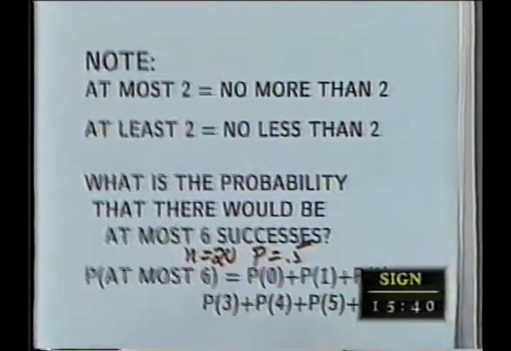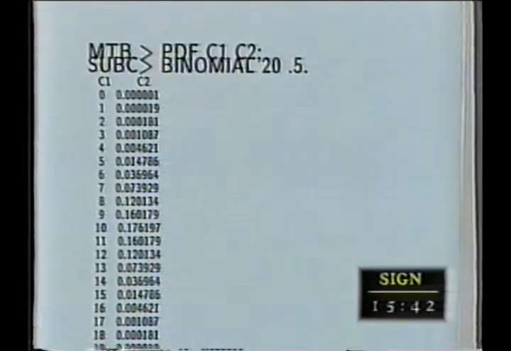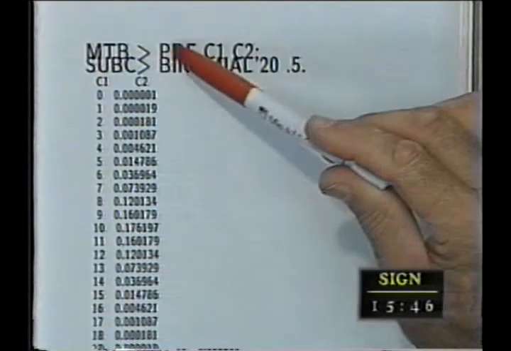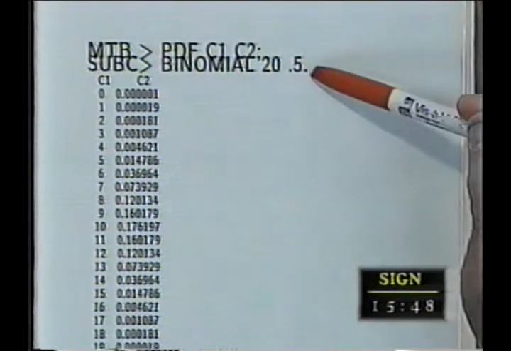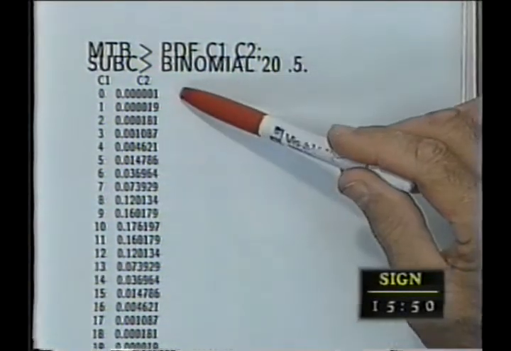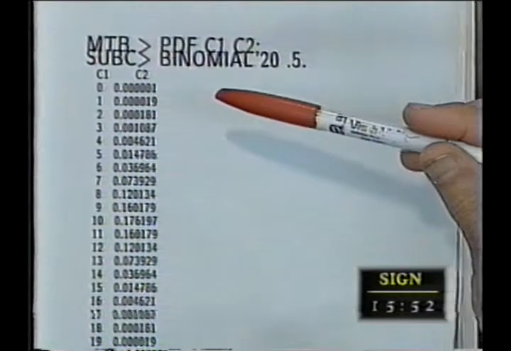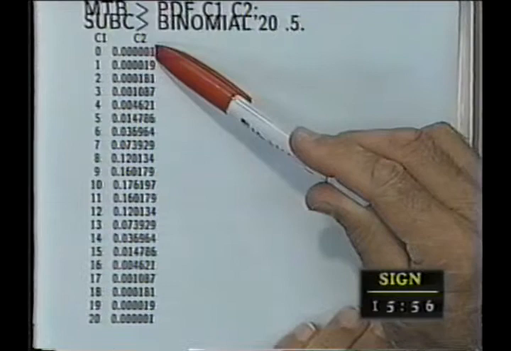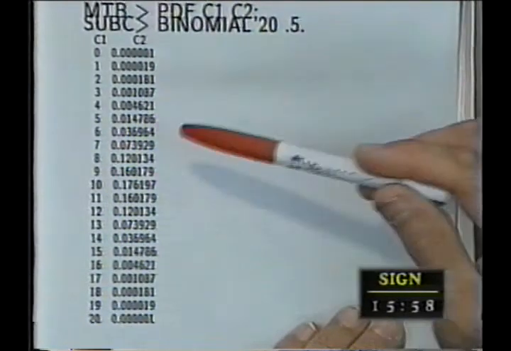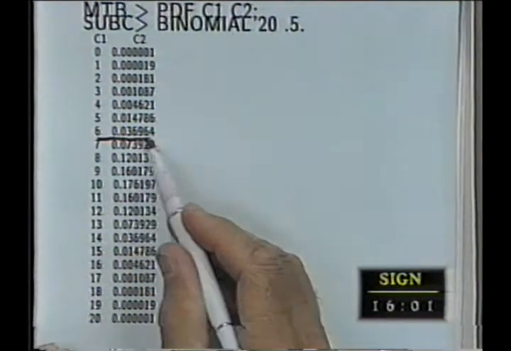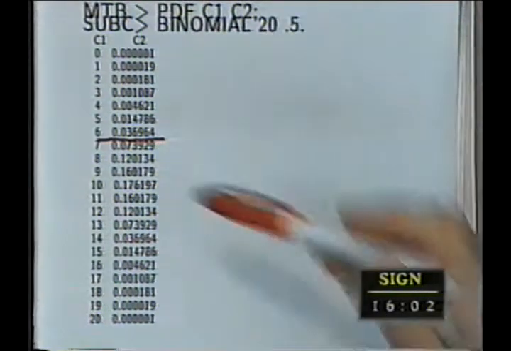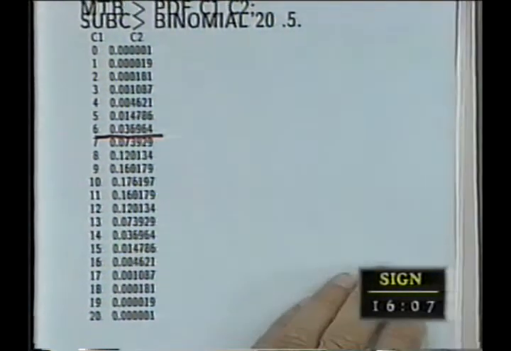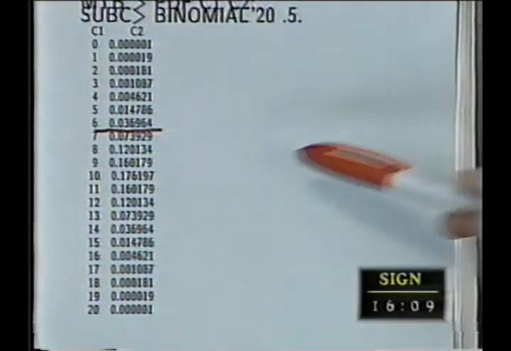I'm not going to do it by hand. I'm going to go to Minitab again and ask for the PDF of binomial 20, p of 0.5, and here are the numbers. Now I have to add up 0, 1, 2, 3, 4, 5, 6. If I add them up, it looks to be a little bit less than 0.06. There's another way, a shorthand way of doing it.